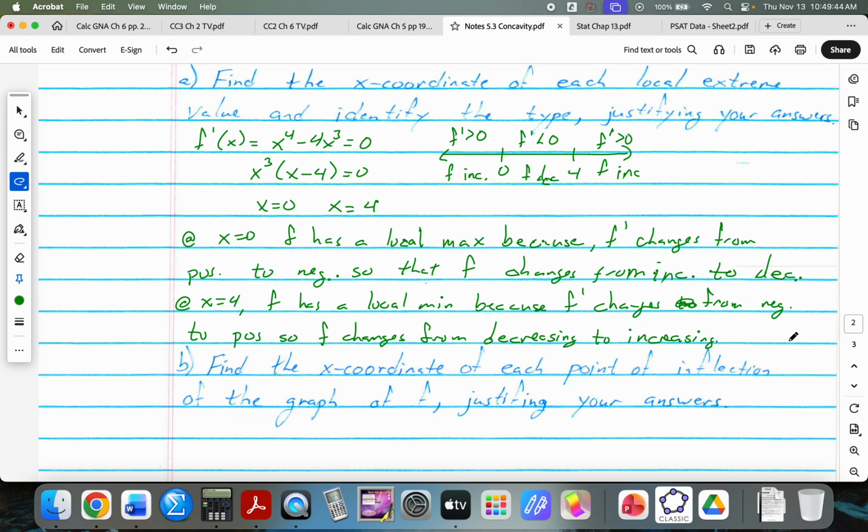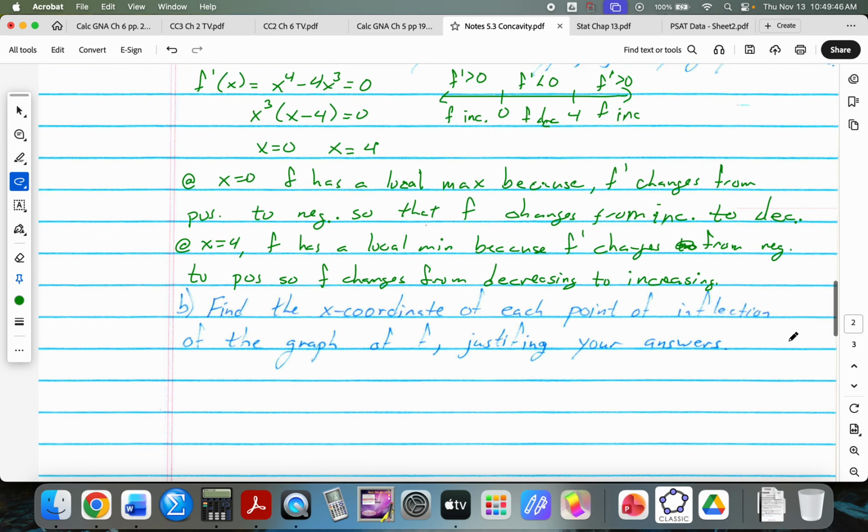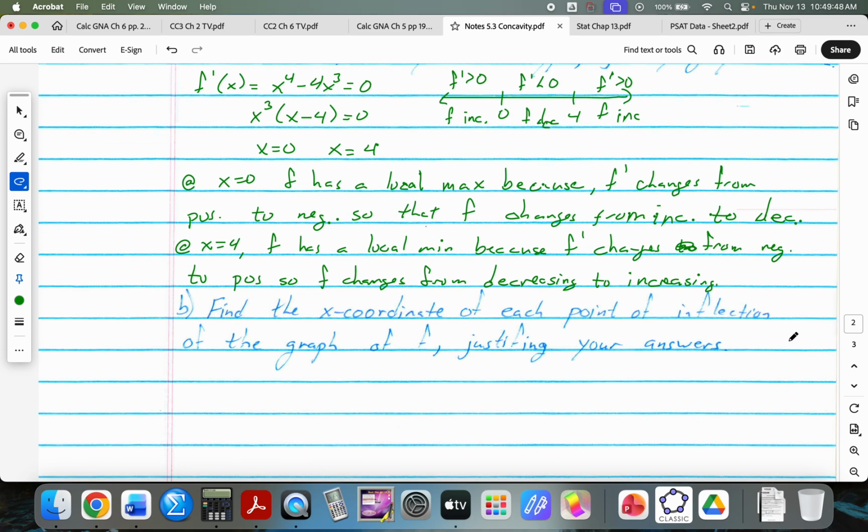So now they want us to find each point of inflection. A point of inflection is where the graph has a derivative that changes from increasing to decreasing or decreasing to increasing. I have the derivative, so I need to take the derivative of the derivative and apply the same rules that I did here.